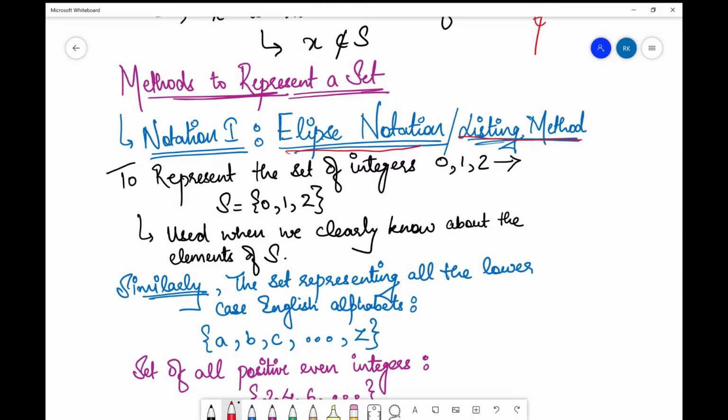That is what we mean by listing method. As in this example, S is equal to {0, 1, 2}. This is used when we clearly know the elements of the set. Obviously, only when we know the elements and can write them down would we use this notation. Otherwise, I'll discuss what we would use in a short while.